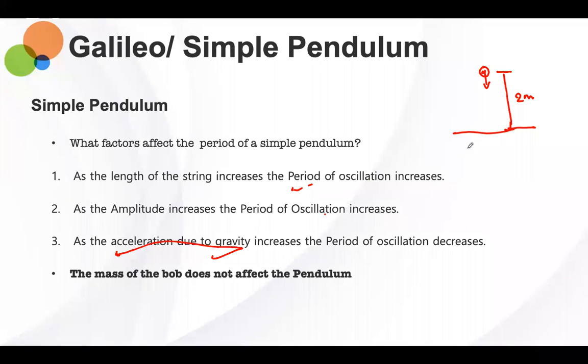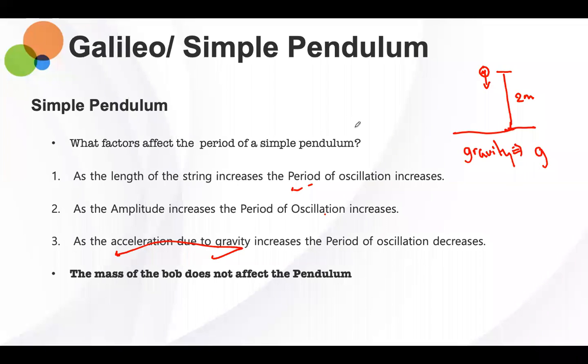So gravitational force or gravity, right? The acceleration due to gravity, g, is dependent on gravity. So it's not hard. If you have a larger acceleration due to gravity, that means you have a larger amount of force.